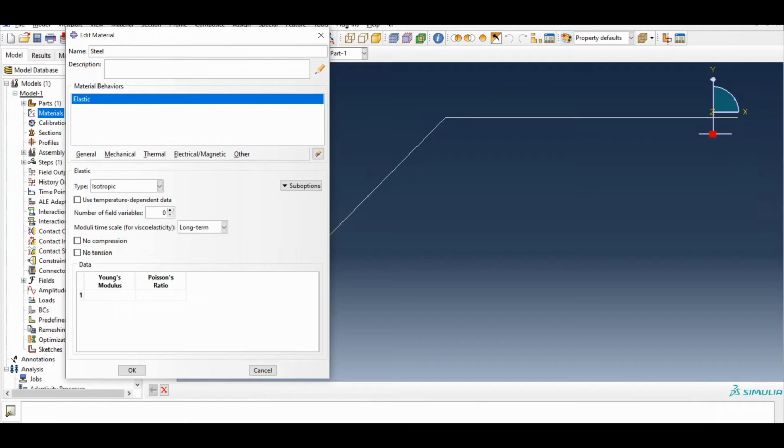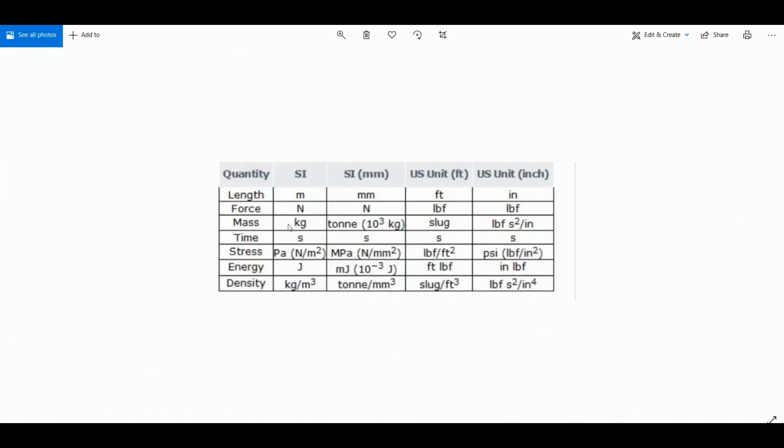For example, I have a snip of a table from the ABAQUS manual. If you want to draw in SI units, you can either use meter or millimeters. Now if you want your stresses to be in MPa, then it recommends us to dimension our drawings in millimeters, newtons, and mass in tons, density in ton per millimeter cubed.